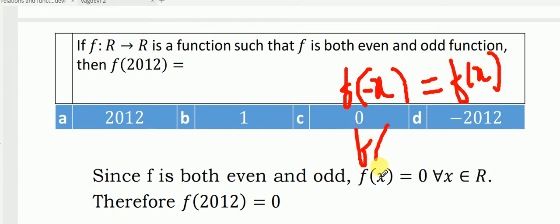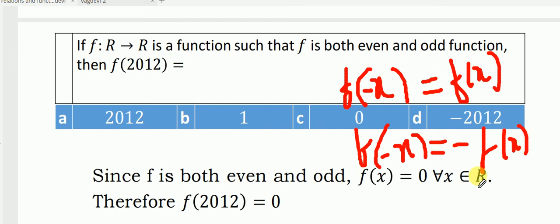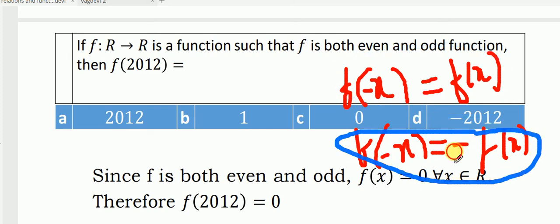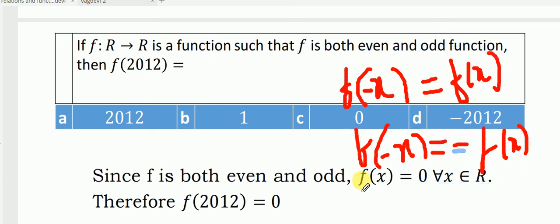Similarly, if f of minus x is equal to minus f of x, then this function is nothing but an odd function. If f of minus x is equal to plus f of x, then the function is even. F of minus x is equal to minus f of x means it is an odd function.